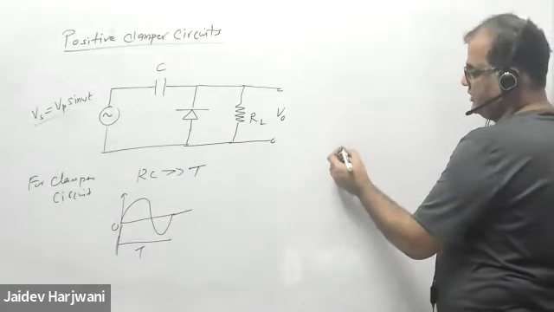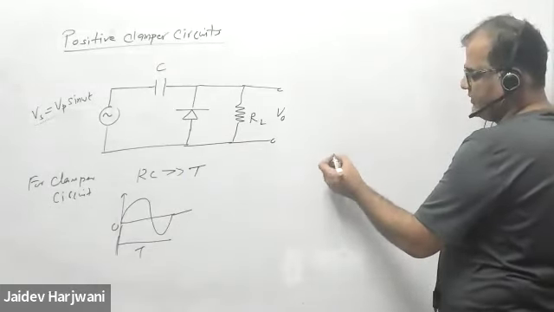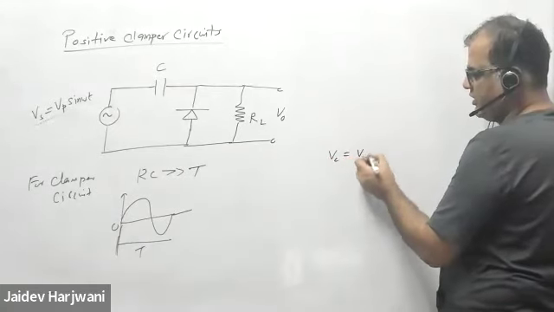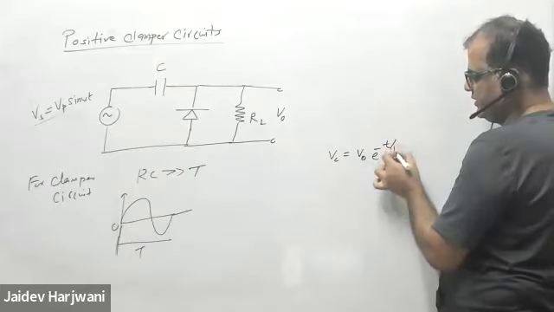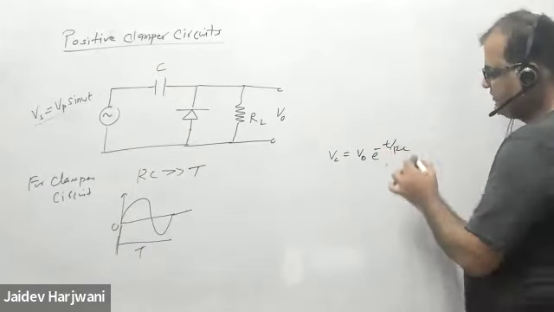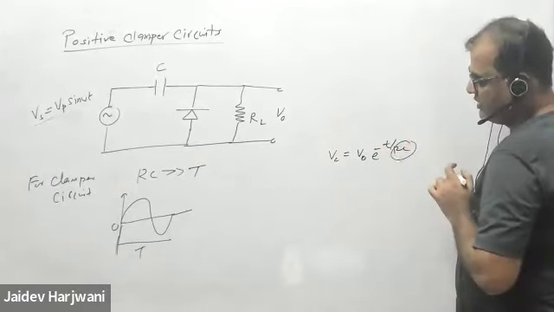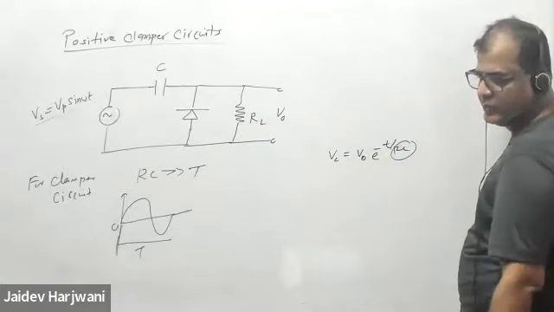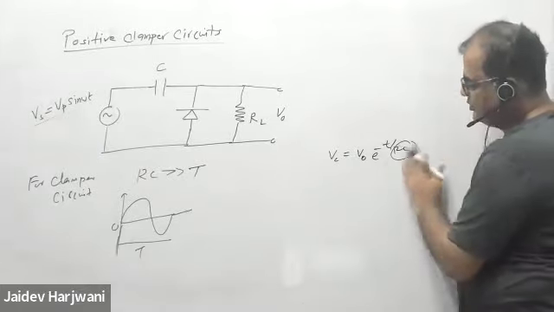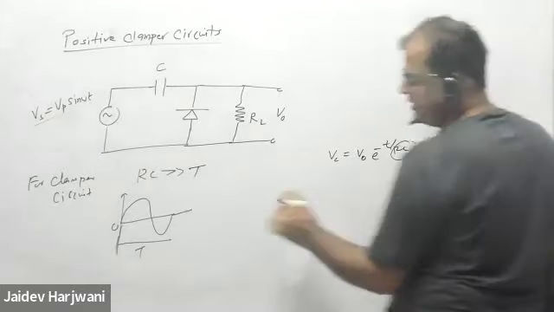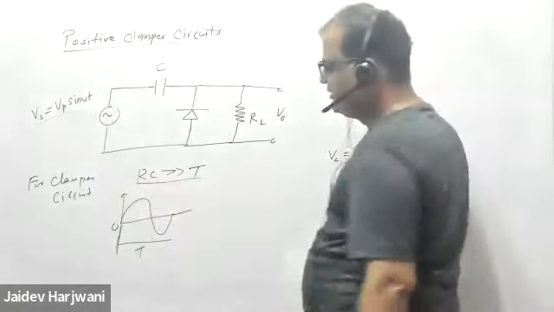What is the equation for discharging of capacitor? VC equals V naught e power minus t upon tau. Tau is what? RC. If RC value is very high, then what will happen? The discharging will happen slowly. If RC value is low, discharging will happen very fast. So I want my RC should be greater than the time period of this one.